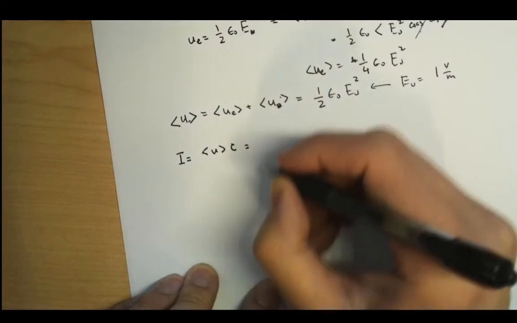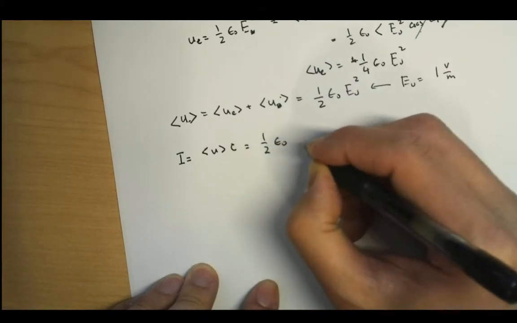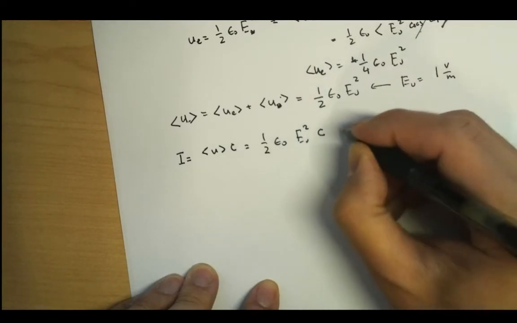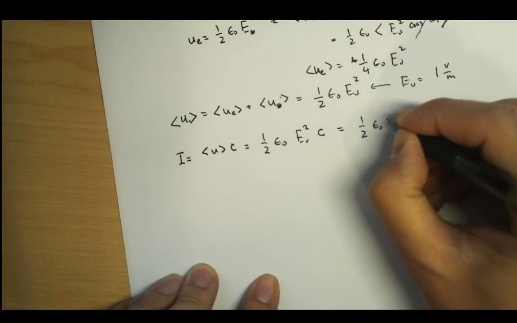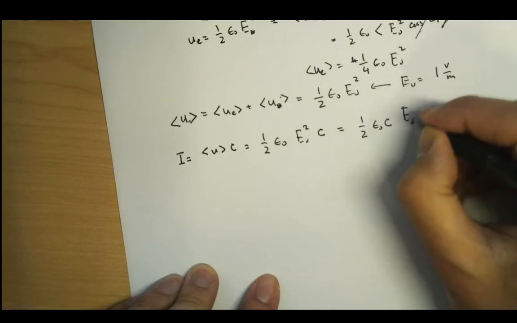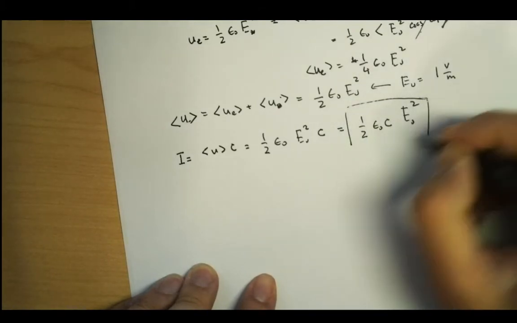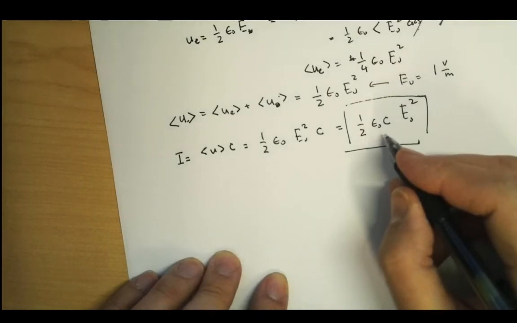So let's plug all that in together. It's 1/2 epsilon 0 E0 squared times c. So that's basically 1/2 epsilon 0 c times E0 squared. And then for the rest of it, you can just plug everything in. Now, that's the intensity.